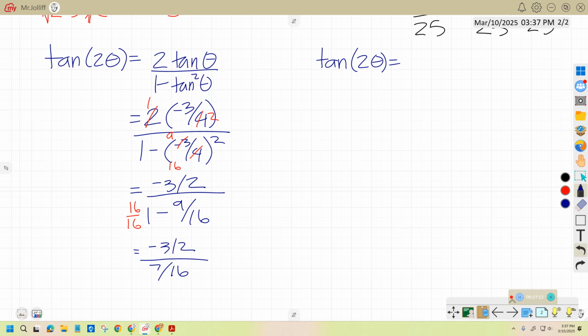When we divide fractions, we multiply by the reciprocal. Keep the numerator, flip the denominator. So keep numerator times flip the denominator. I don't know why I got 2 of those there.